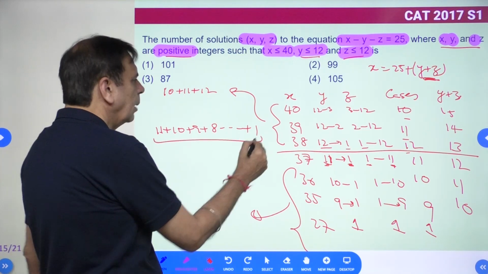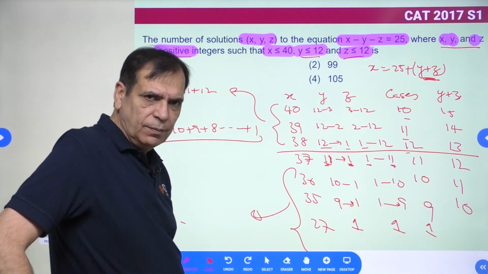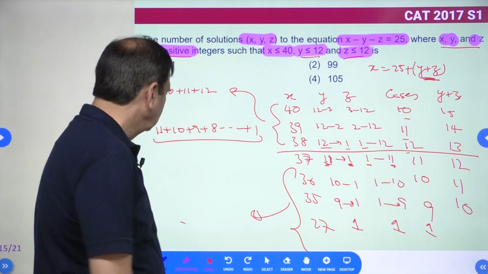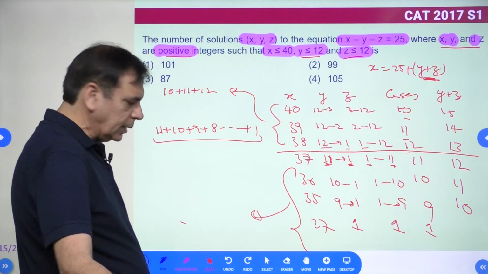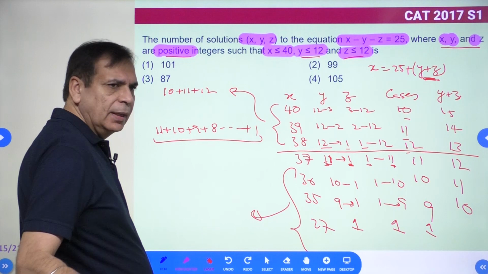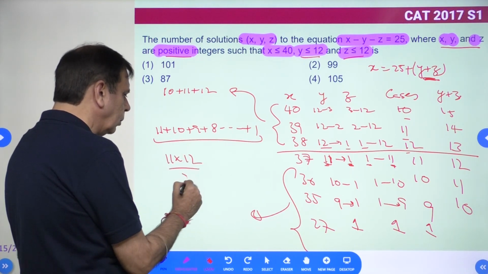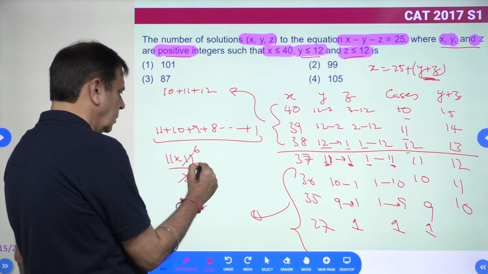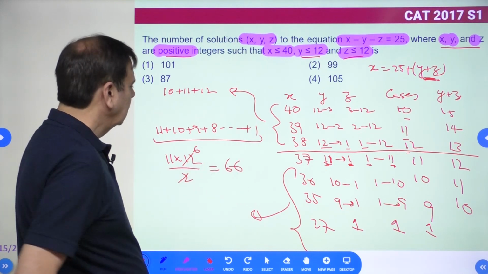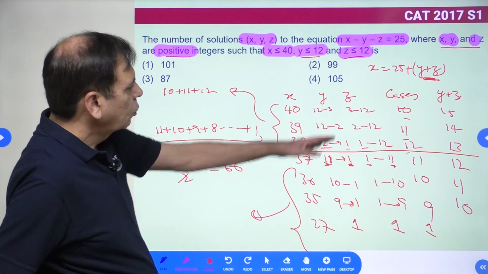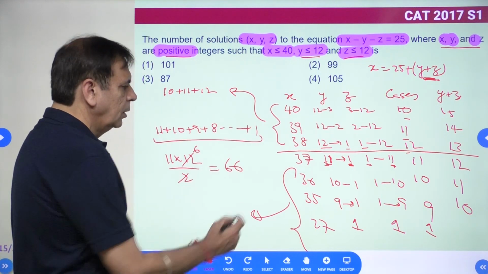What are these? Sum of first 11 integers, which is n into n plus 1 by 2. So this is going to be 11 into 12 by 2. 66 cases. So 66 possibilities have come from these.